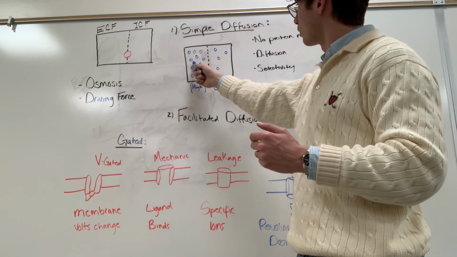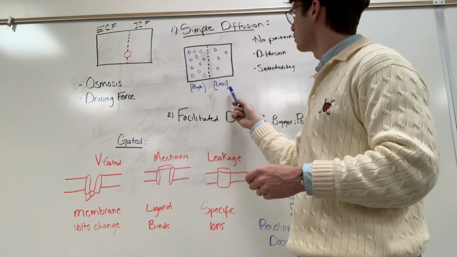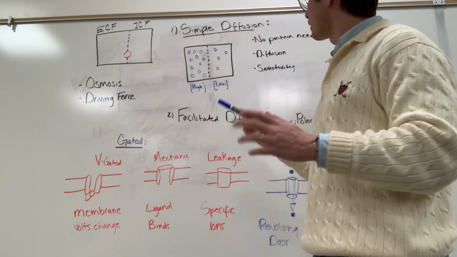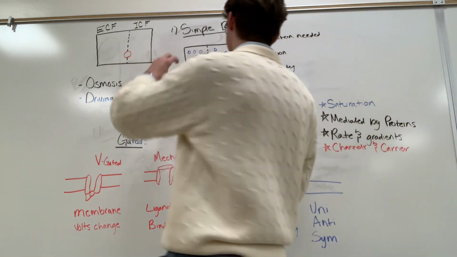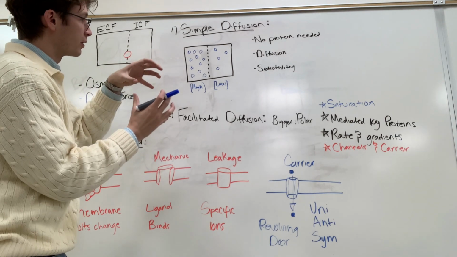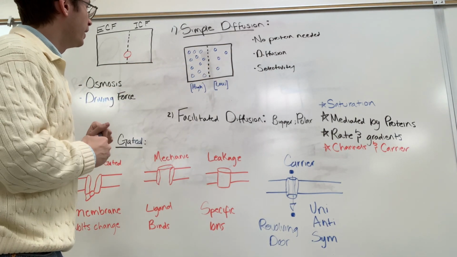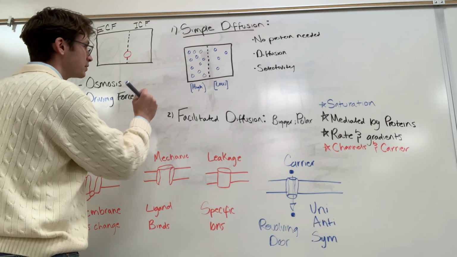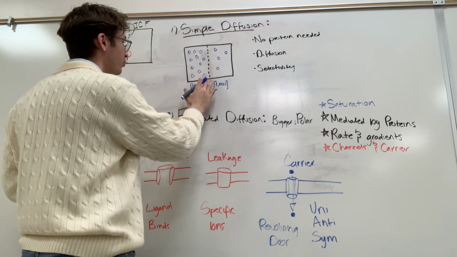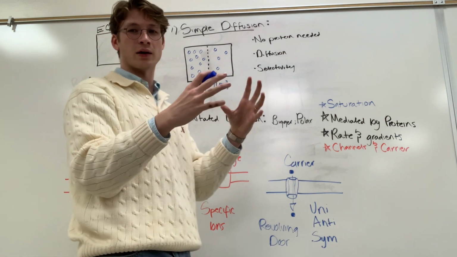One side has more of this concentration, it can be whatever you want, and this other side has a low. And what's going to happen is all of this on this left side is so bunched up, and it sees that on this other side there's more room. And what's going to want to happen is it's going to go from this high area to this low until there's an even amount on both sides.